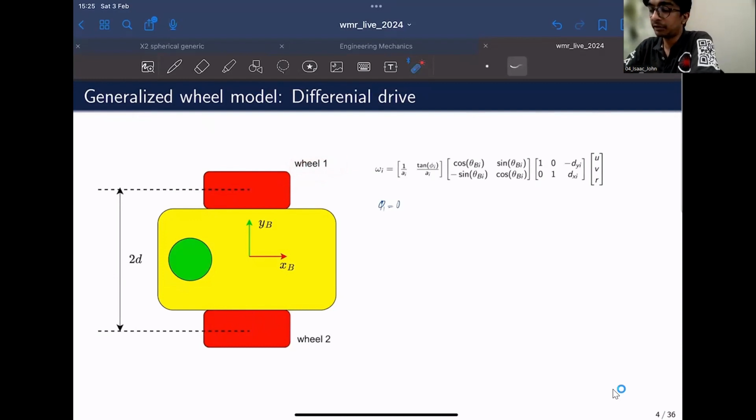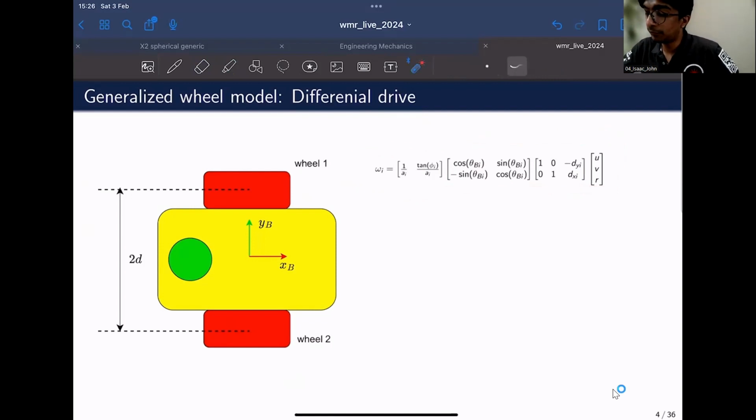As you know, we have 3 degrees of freedom. The wheeled mobile robot can move in a plane, that is translations along 2 directions parallel to the plane, and rotation about an axis perpendicular to the plane. But here we have only two control inputs, to drive wheel 1 and to drive wheel 2. Right? So if that is the case, how do we adapt this generalized wheel model?